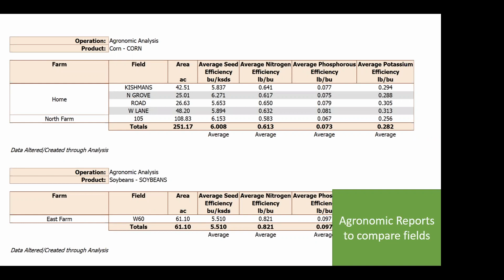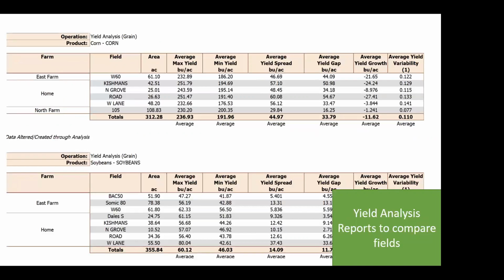All right, and then the other report you can run is the yield analysis. This shows you the min and max yield, the average, all the gaps, all the growth, and that kind of thing. So it gives you an idea of, from one field to the next, how each of your fields rank up.